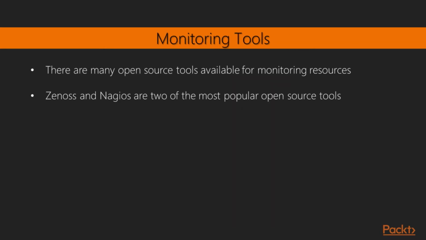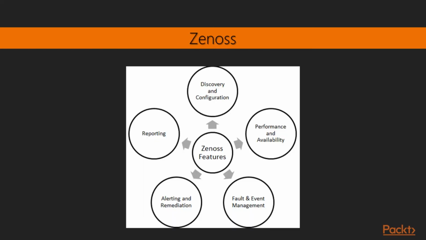Monitoring tools. There are many open source tools available for monitoring resources. Zenoss and Nagios are two of the most popular open source tools and have been adopted by many organizations. Zenoss. Zenoss is an agentless and open source management platform for applications, servers, and networks released under the GNU General Public License (GPL) version 2 and is based on the Zope application server.